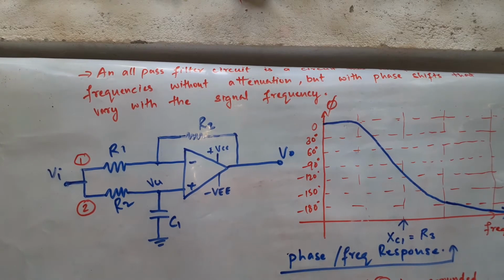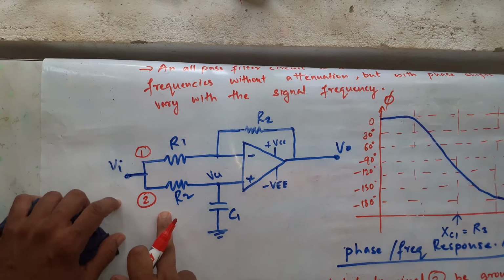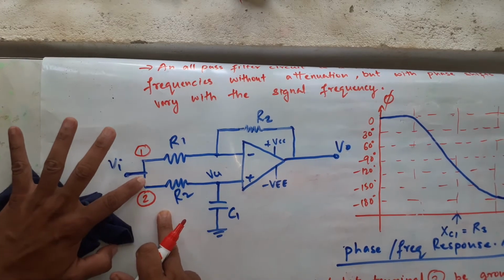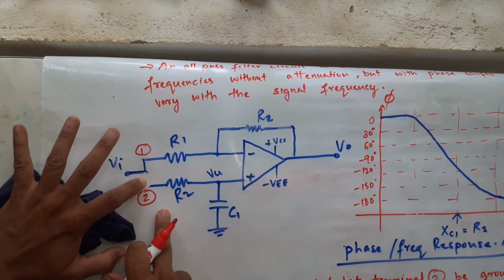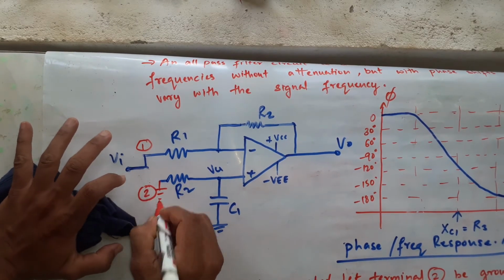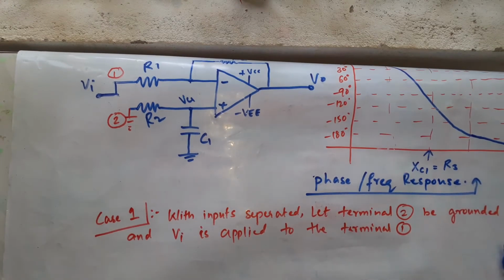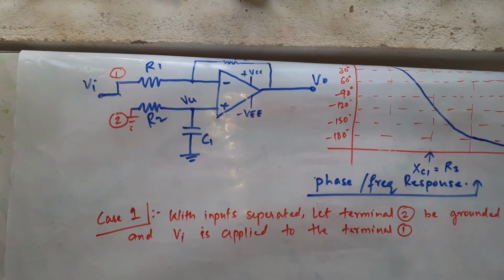So how does it work? It means that terminal 2 is grounded, means input is only applied to terminal 1. This is simply grounded, means here it is grounded. This is the meaning of the analysis in case 1. This is how the circuit is going to behave now.